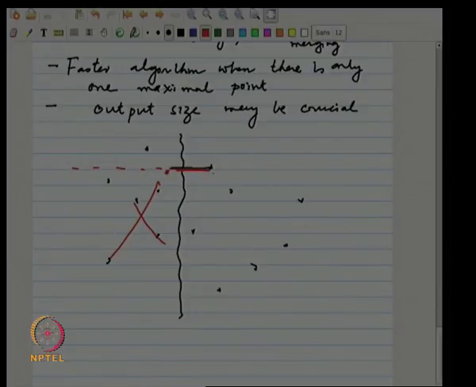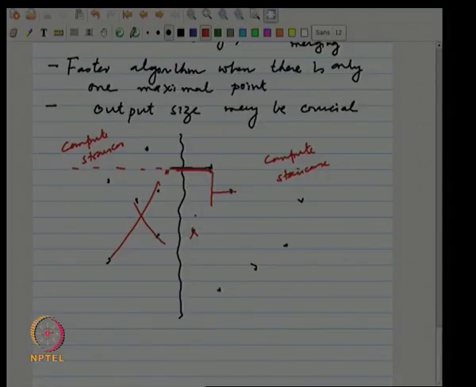With this I can also eliminate some points here, that is fine, and then I have to find the remaining staircase, which is basically something like this. So, I have to compute the staircase to the right and compute the staircase to the left, and whatever left staircase I compute will survive.